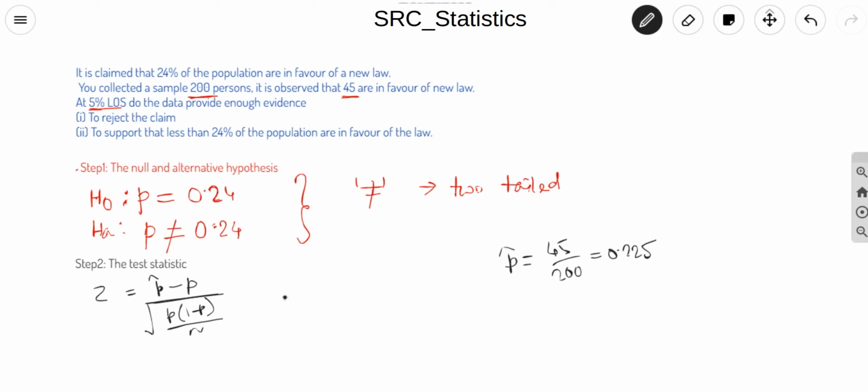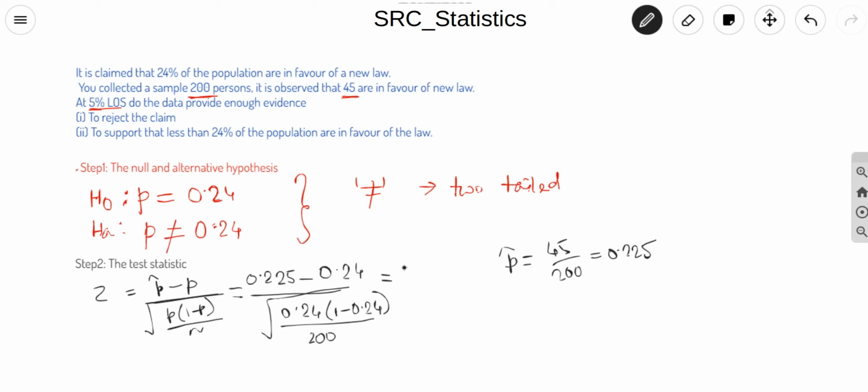So putting the value here, P hat is equal to 0.225 minus P is the hypothetical proportion, okay, and divided by square root of P into 1 minus P divided by N is the sample size, that is 200.